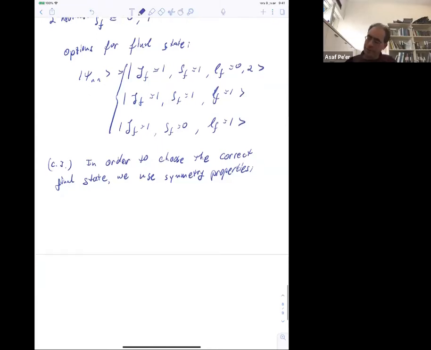So neutrons are fermions. What do we know about fermions? That they obey the Pauli exclusion principle, right?